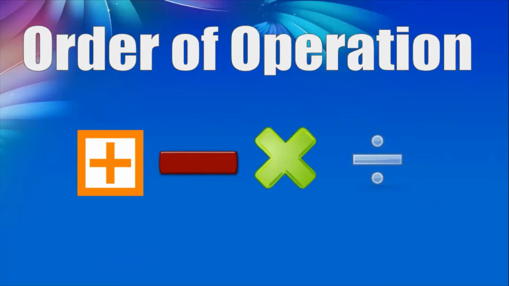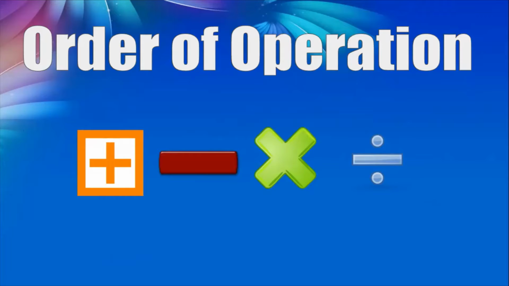If we want to know the correct answer, then we are going to learn the order of operations. The order of operations is a set of rules wherein if we have an equation that has multiple operations such as addition, subtraction, multiplication, and division, we need to follow this rule.